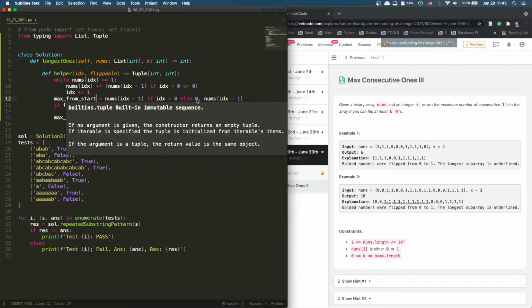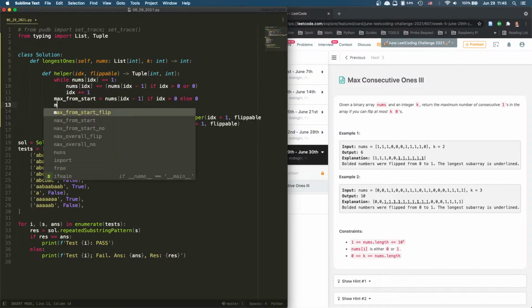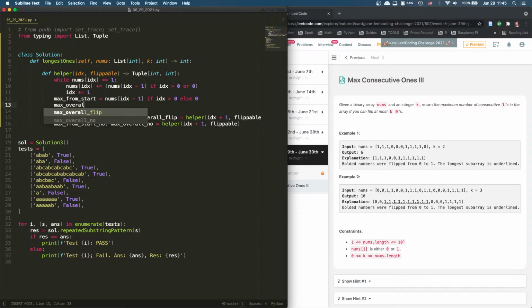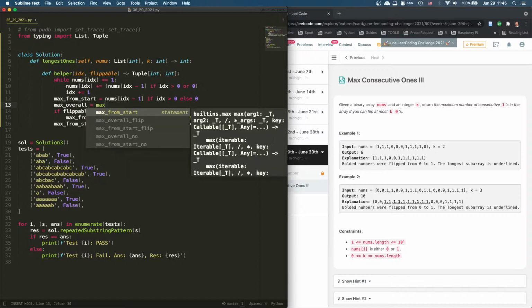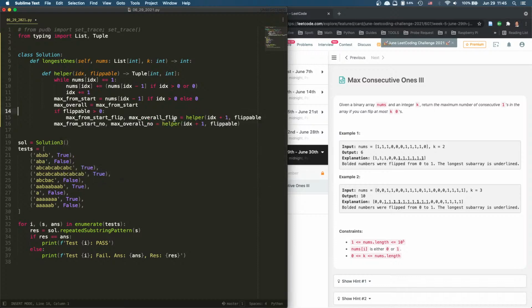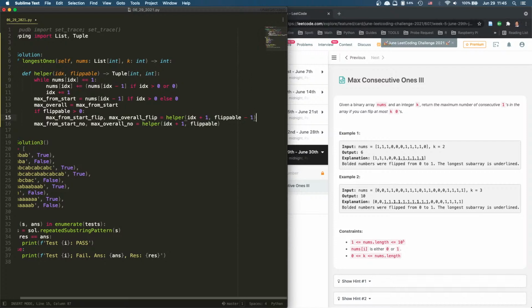Yeah, let's just do this, right? And then we say max overall is equal to max from start. Okay, and then if it's larger than 0, we're going to say flip, overall flip equals this, right?